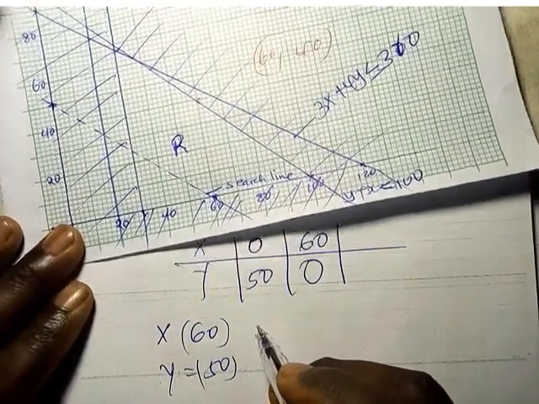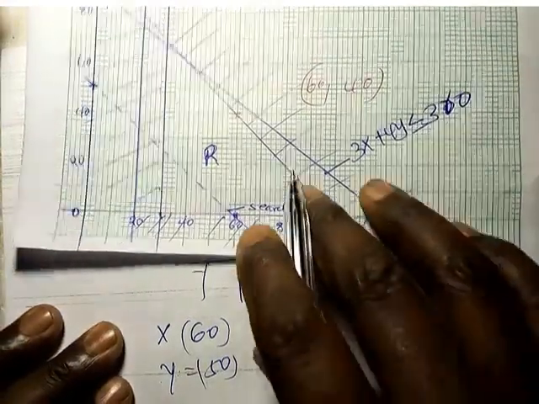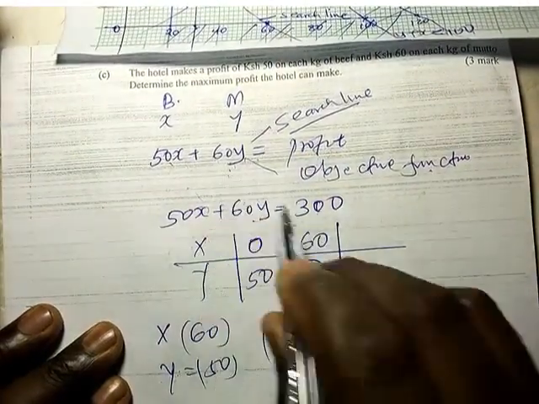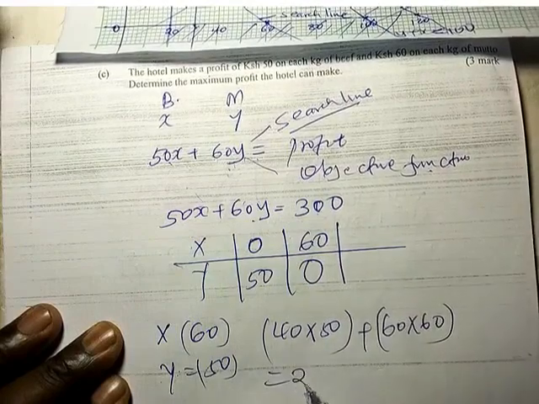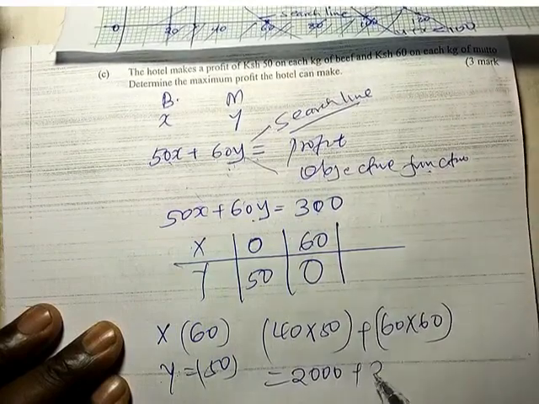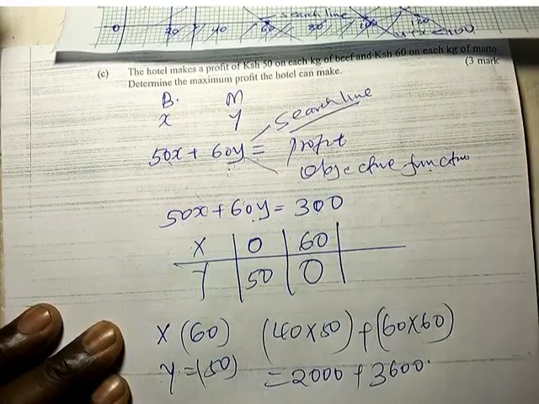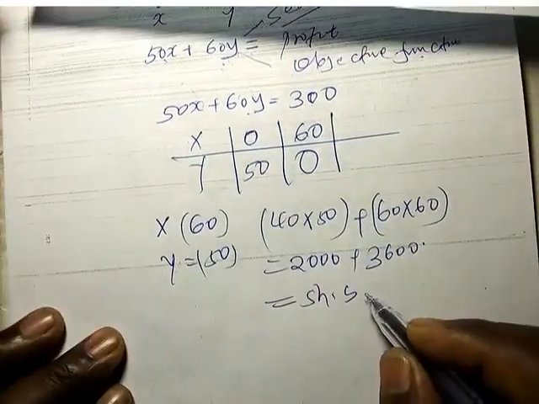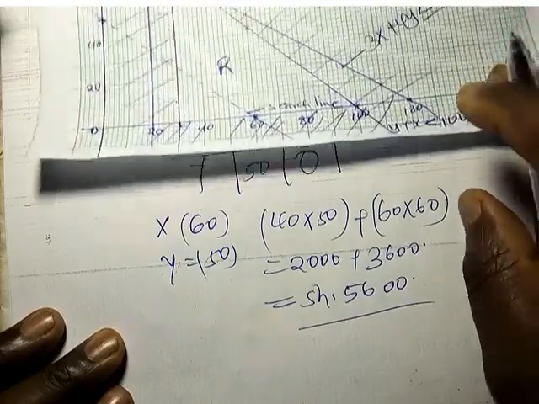Now the maximum profit is obtained by multiplying, that is 40 times 50 plus 60 times 60. And this one will give you 2000 plus 3600. And the total will be Kenya shillings 5600. So that one will give us the maximum profit.